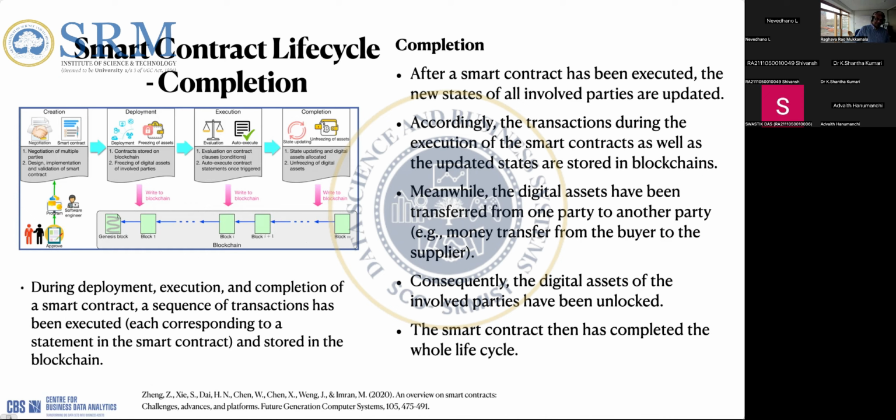So all the miners, all the nodes who maintain the blockchain, they will have this information. So that is exactly the main difference between the traditional contractual processing and the smart contractual processing. Since the information is available with everyone, no single one has the control over the process. So that's why it offers immutability and a lot of other better properties.